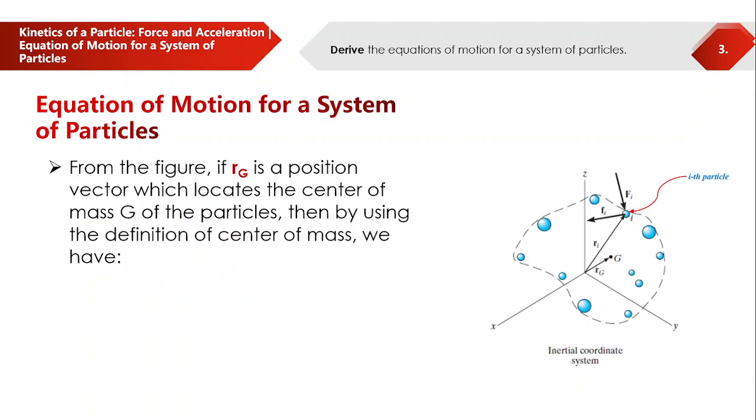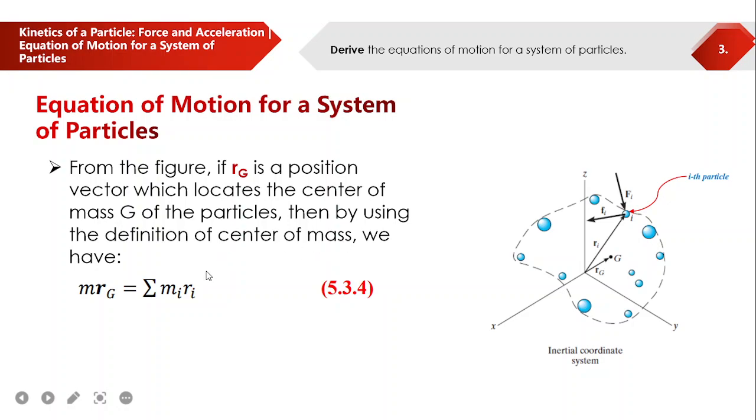Okay. So, from the figure, if r sub g is a position vector which locates the center of mass, G, of the particles, then by using the definition of center of mass, sabi daw dito yung center of mass sa buong system natin has a position vector r sub g. So, paano ba siya kukunin? So, mass times r sub g is equal to the summation of mass times r sub i.